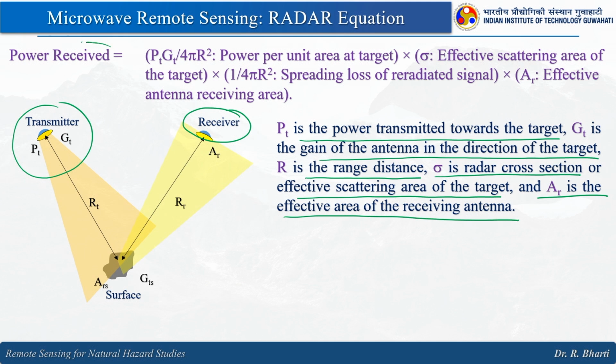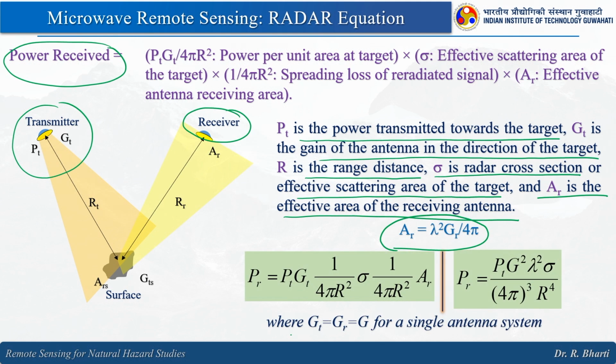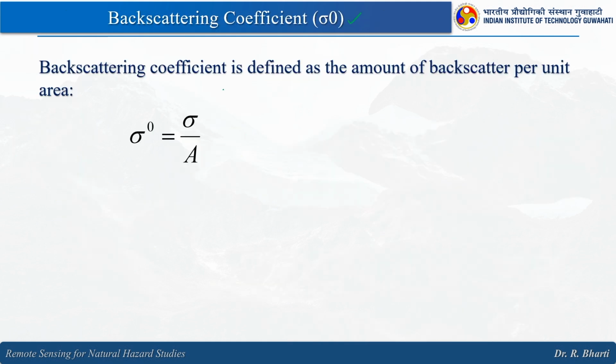Then we calculate the power received, and finally we use this to calculate PR, where GT is equal to GR is equal to G for a single antenna system. This is important to note.